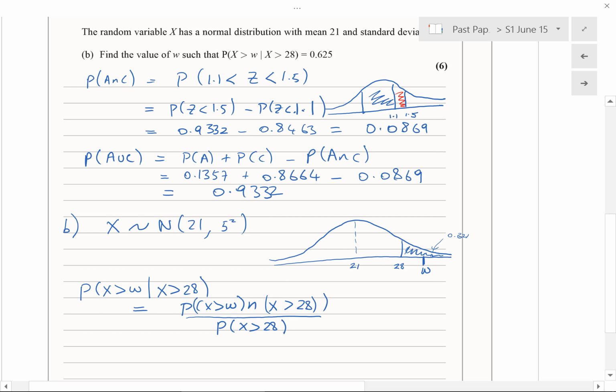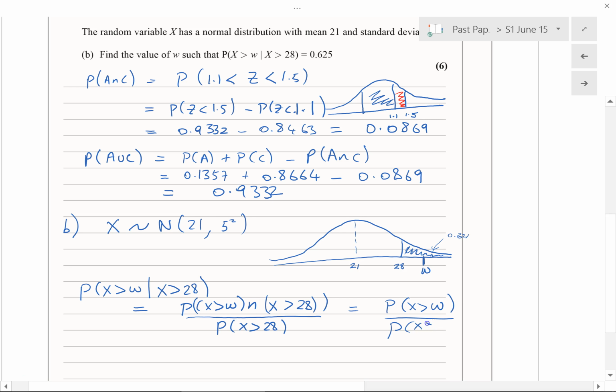Now this looks pretty complicated, but actually the numerator is the same as P(x greater than W).